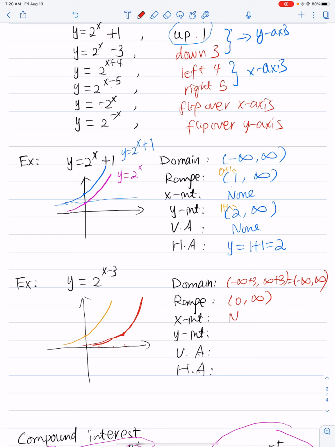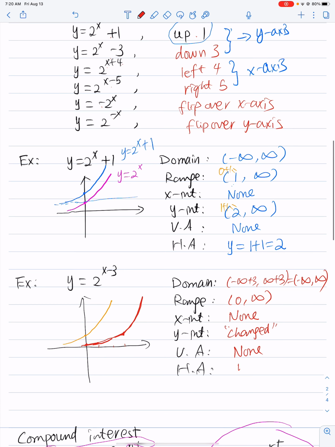What happens with x-intercept? None. But what happened for the y-intercept? It changed. And how could we find y-intercepts? That will be later on. And what will be the vertical asymptote? Still none. How about the horizontal one? Does it change? It still approaches y equal to 0.